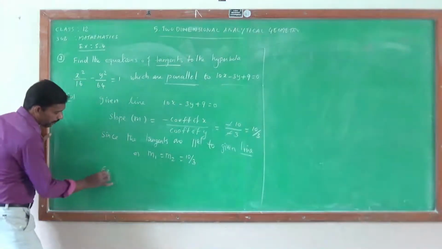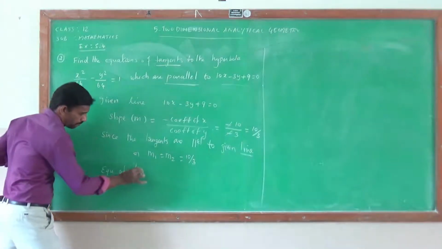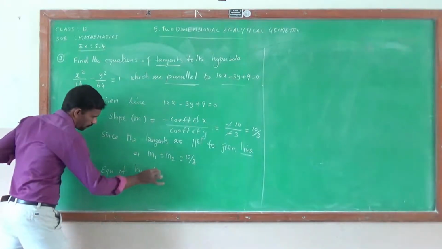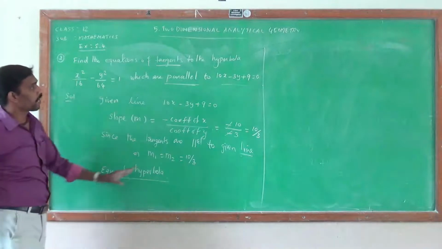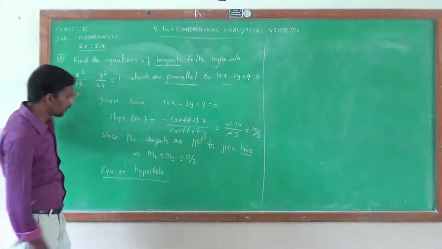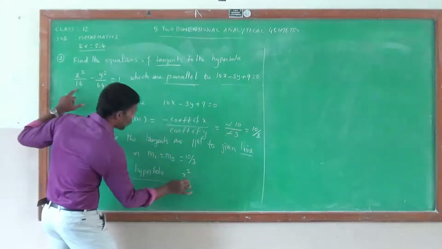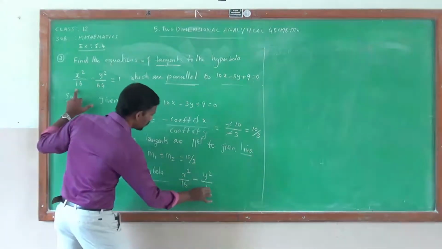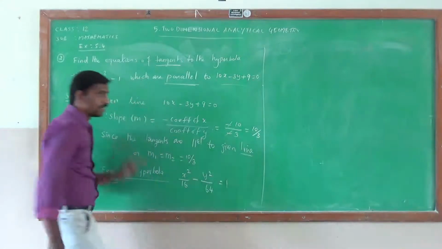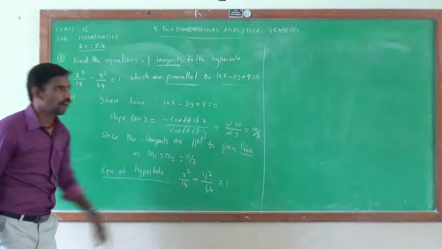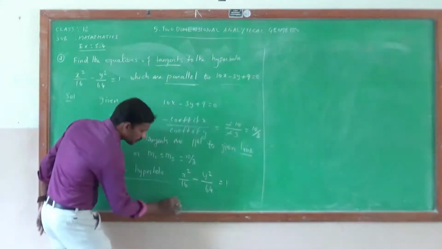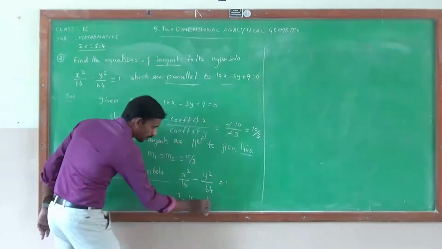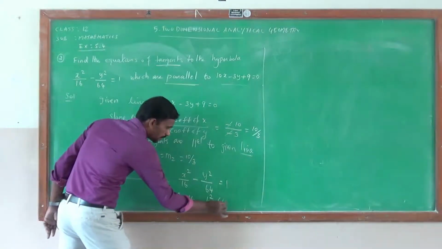Now the equation of the hyperbola is x square divided by 16 minus y square divided by 64 equal to 1. This has the transverse axis along the x-axis, so a square is 16 and b square is 64.